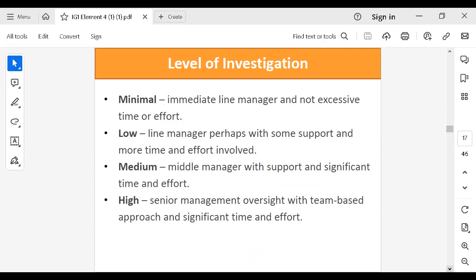For the high level of investigation, we need senior management oversight with a team-based approach and significant time and effort. We need this high level because the accident may be huge, maybe with multiple casualties or major damage. So we need senior management, and this should be team-based, and the team who are investigating should be competent.